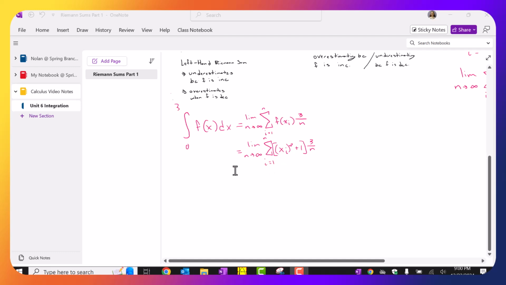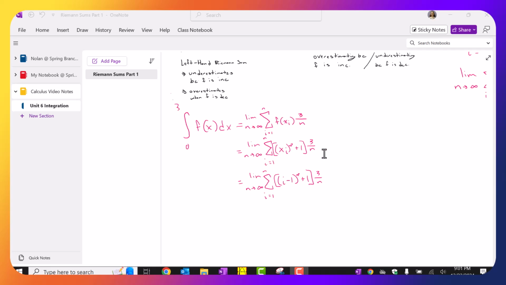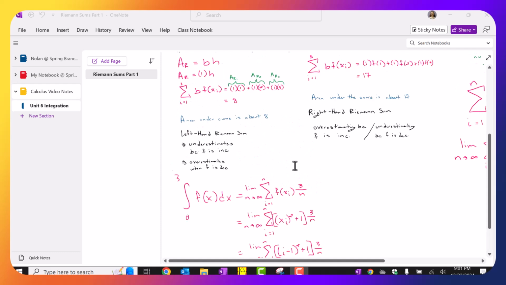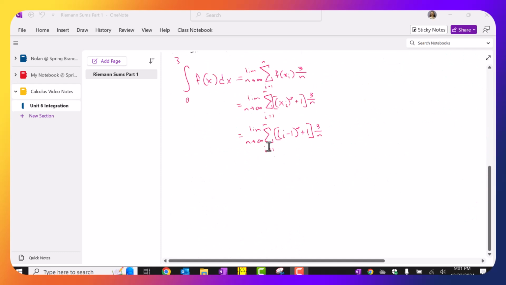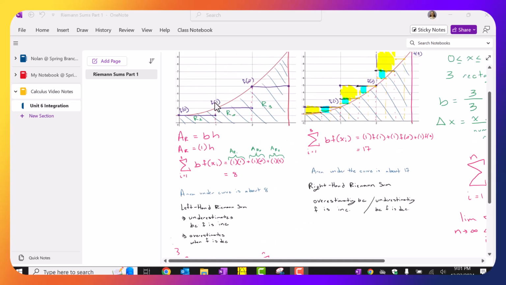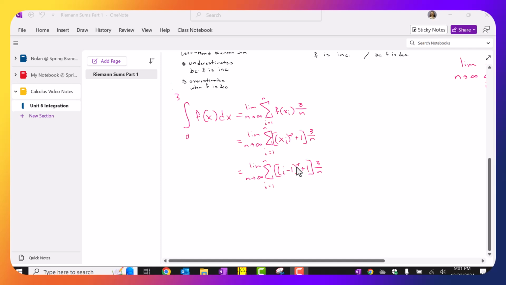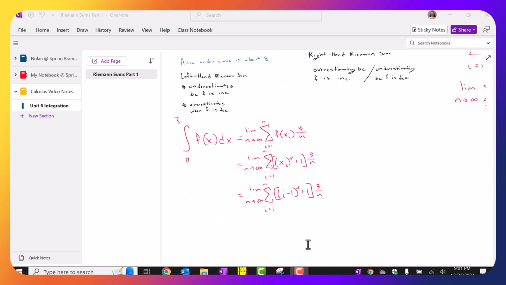So let's just do i minus 1 squared. Oops, I made a small mistake before I refreshed it. So if we look here, if I do i equals 1, well then I have 1 minus 1 squared plus 1, that's f of 0. If I do i equals 2, 2 minus 1, that's f of 1. 3 minus 1, that would be 2. So we're just rewriting this in a way that it'll get us to where we want it to be. Okay, so that's that one.